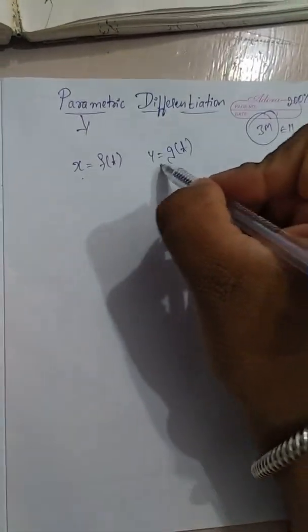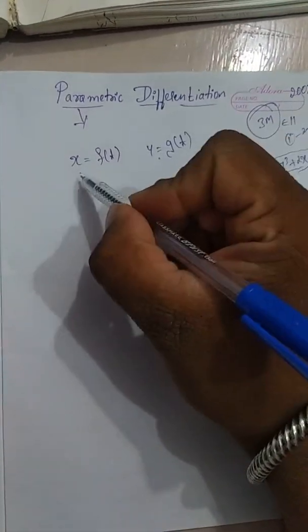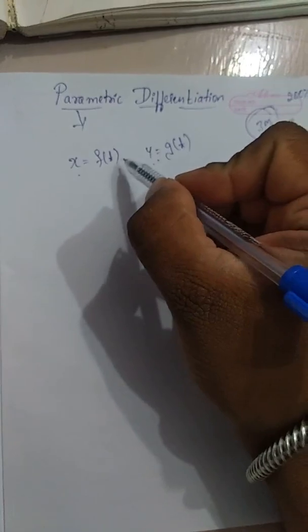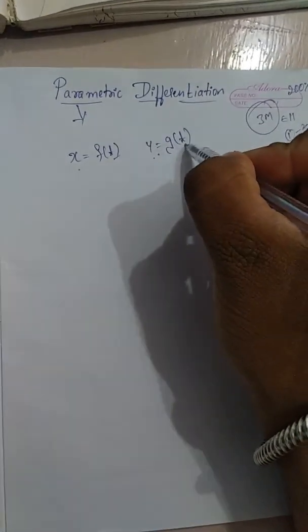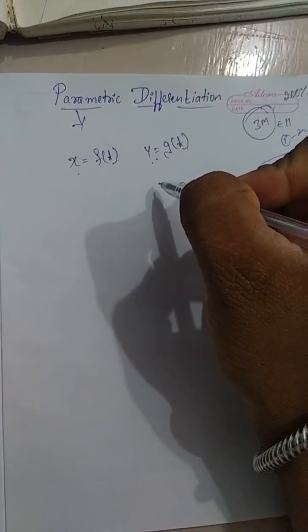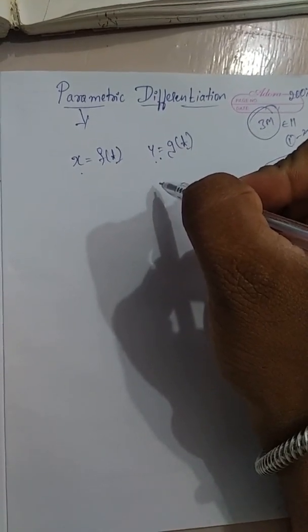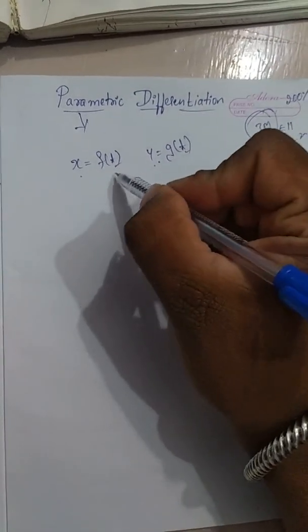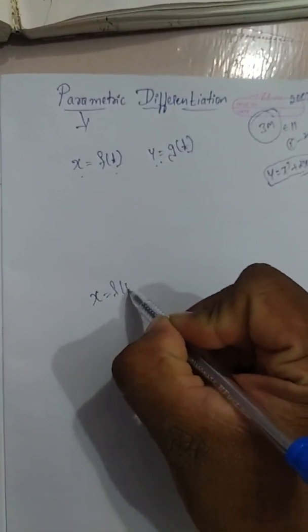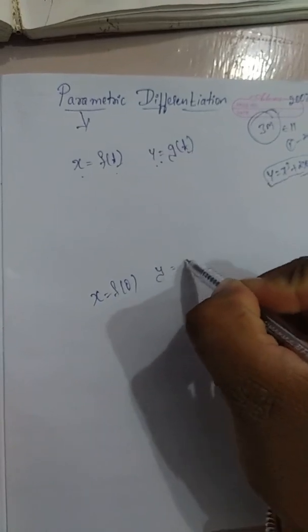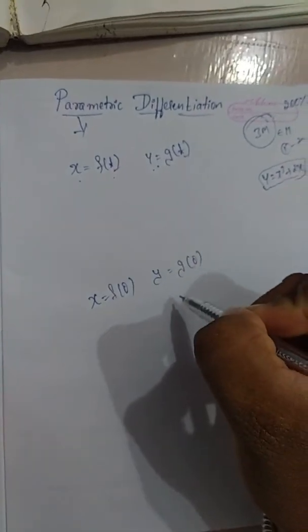Here x and y are the two variables, and t is another parameter. It may be t, it may be theta also: x is equal to f of theta, y is equal to g of theta.